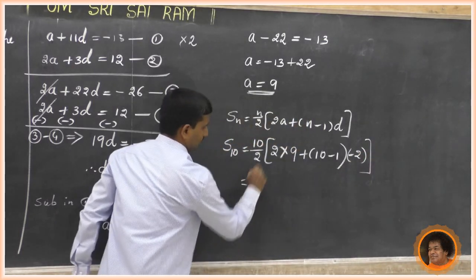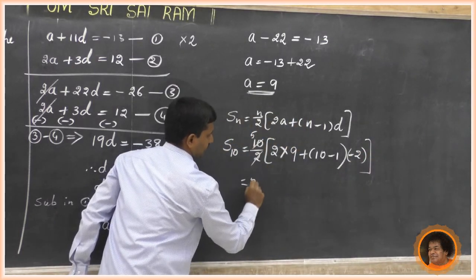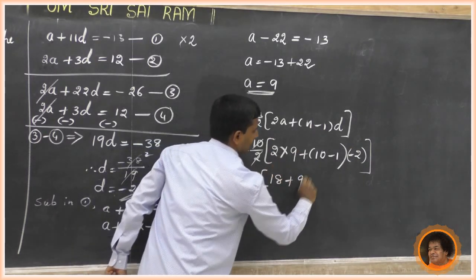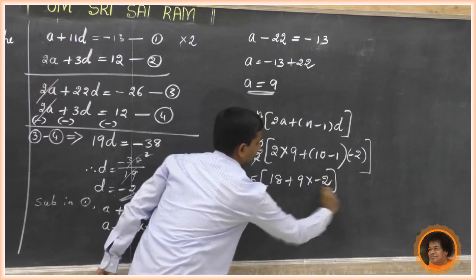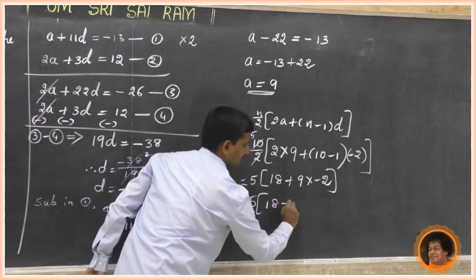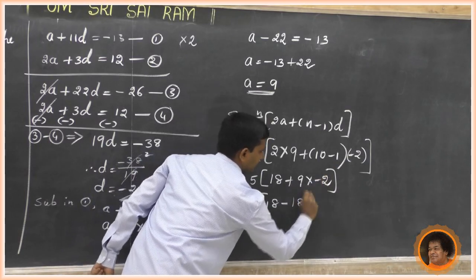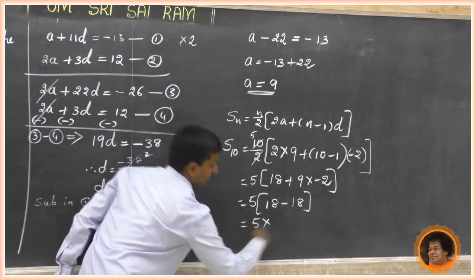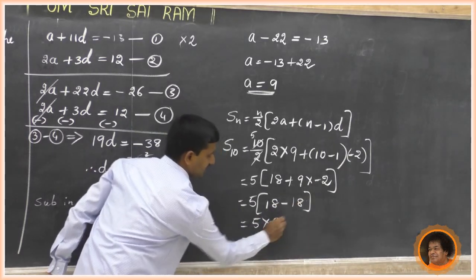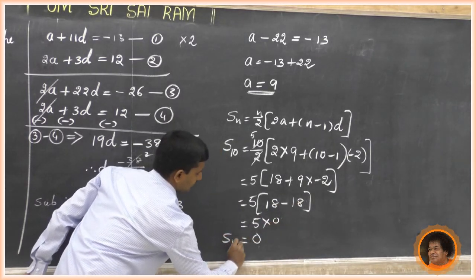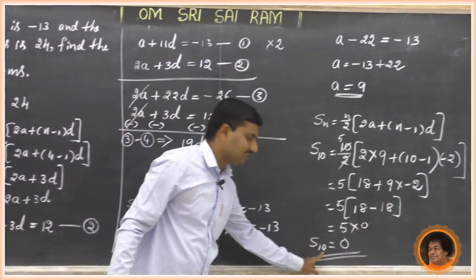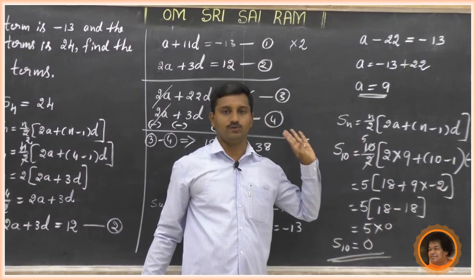Now simplify. 2 fives are 10, so 5 into 2 into 9, 18 plus 9 into minus 2. 5 into 18 plus into minus, that is minus 9 into 2, 18. So which is equal to 5 into 18 minus 18, 0. So the answer 5 into 0, 0. So this is the sum of the first 10 terms. So sum of the first 10 terms is 0.